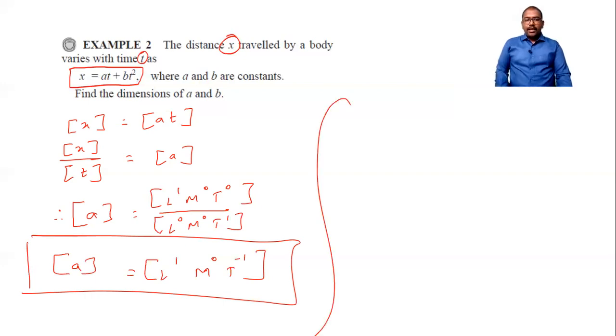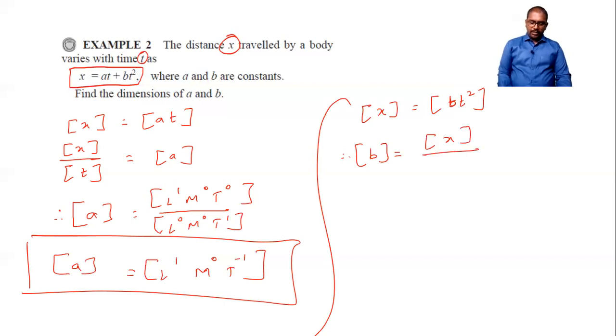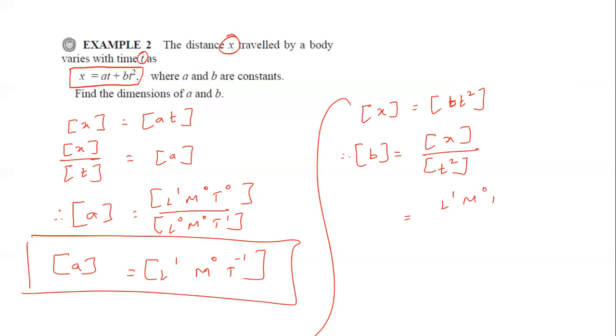In a similar manner, we can find the dimension of B also. Here we can use that the dimension of x is equal to the dimension of B t square. So the dimension of B is equal to the dimension of x divided by the dimension of t square. The dimension of x is a distance, basically, so we can write L1 M0 T0, and t square is time square, so T raised to 2.